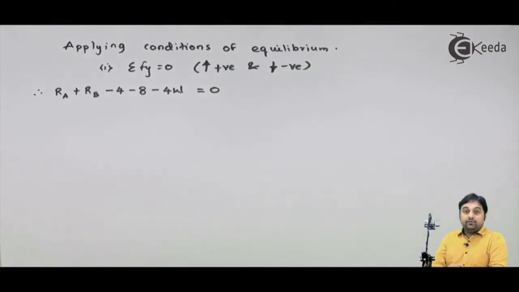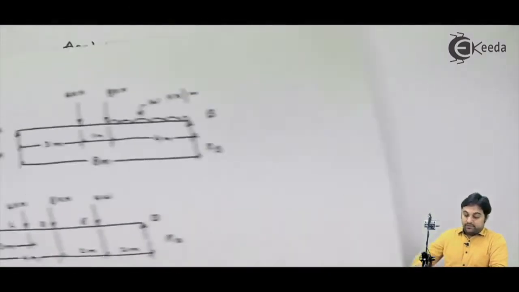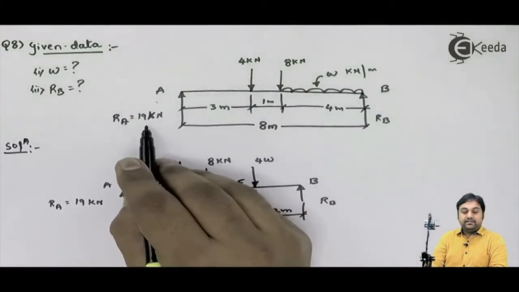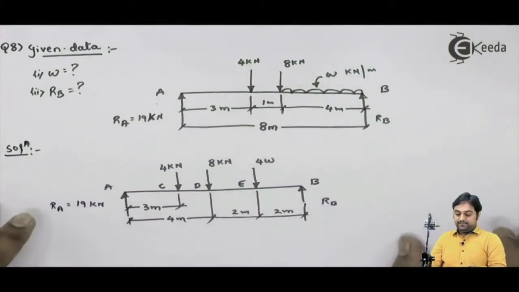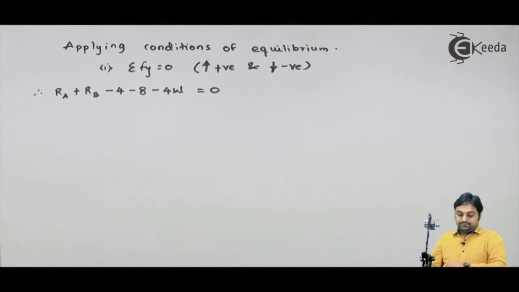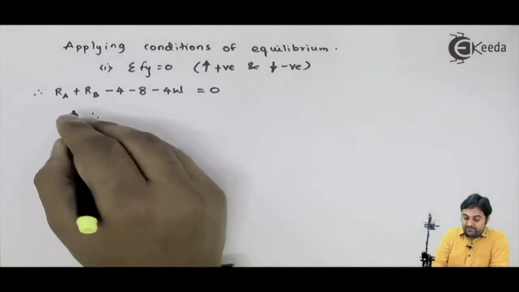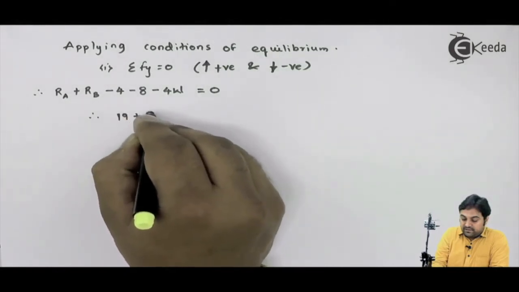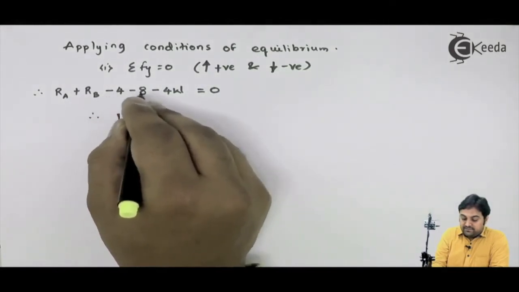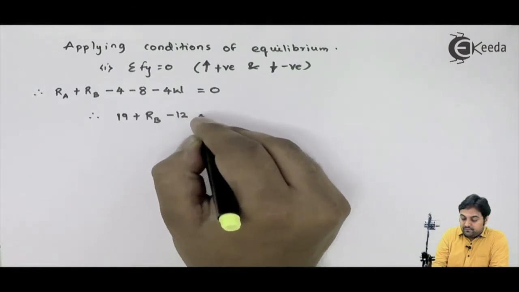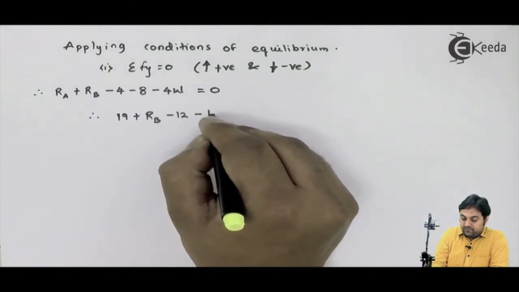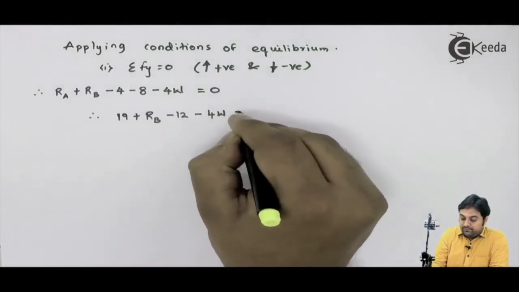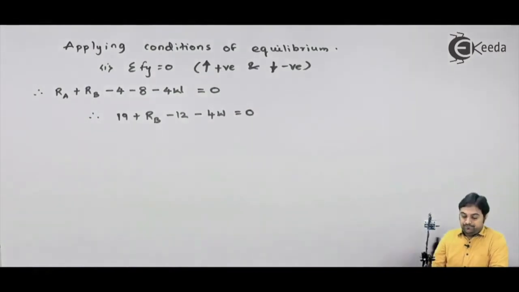Now, as we look into this question, the left hand reaction Ra is given to us, that is 19. So therefore 19 plus Rb, this is minus 12, minus 4W is equal to 0.